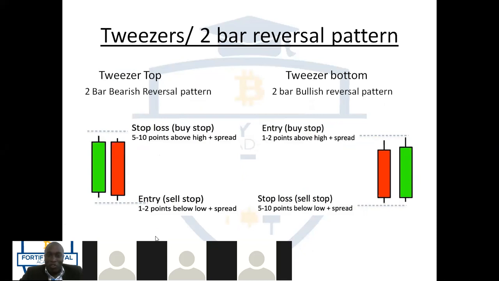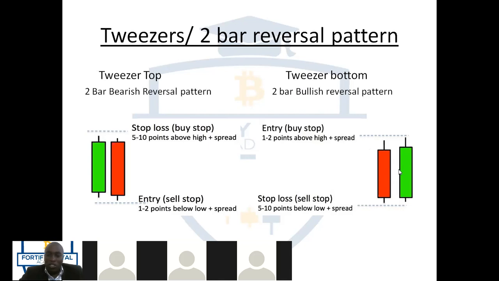And the word tweezer, Bridget, comes from the word two, usually tweezer, meaning 2 of them.